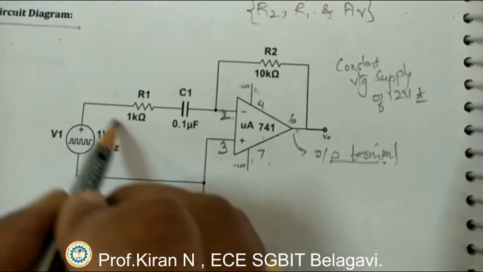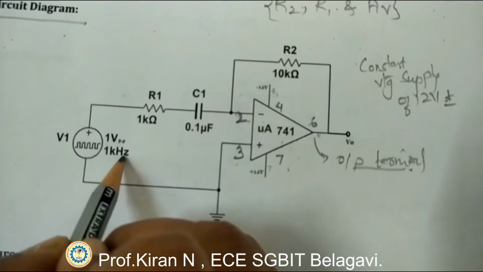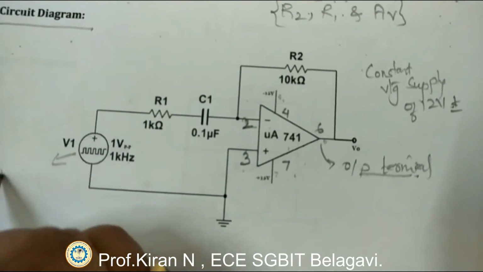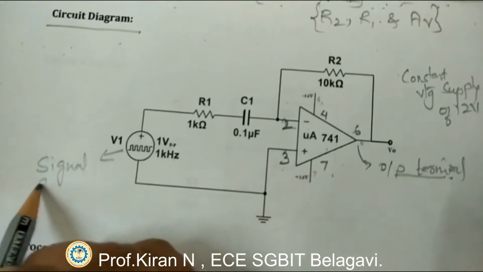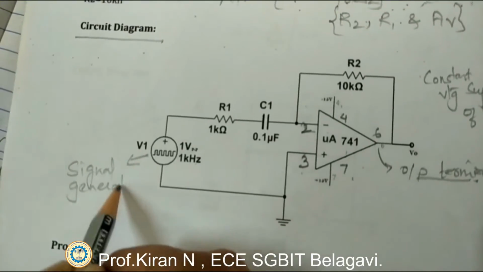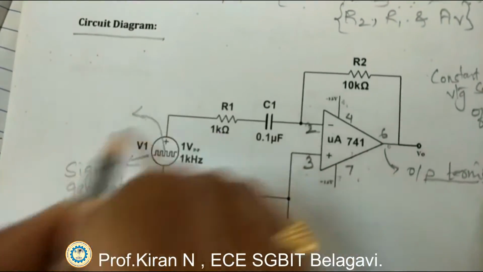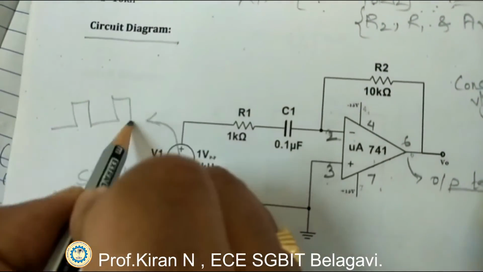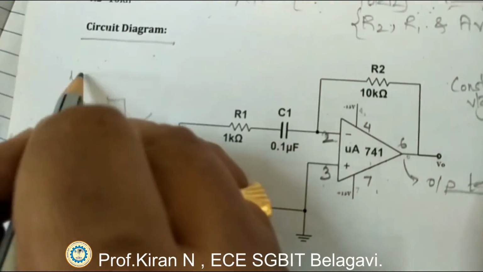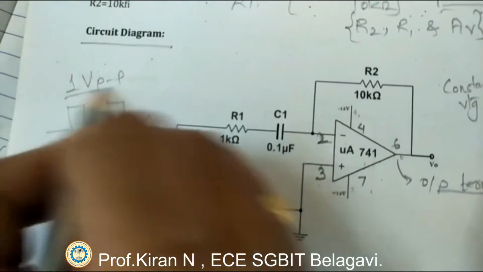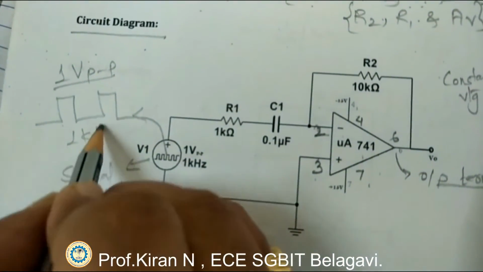Now this is the input voltage source, that is nothing but a signal generator, wherein we are providing the input as a square wave of 1 volt peak to peak and 1 kilohertz.